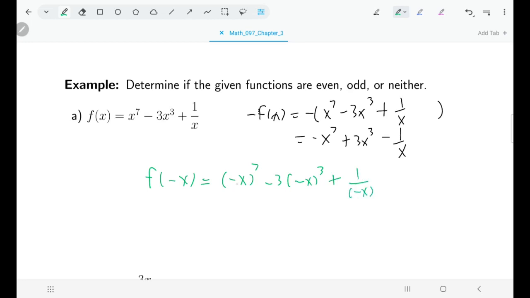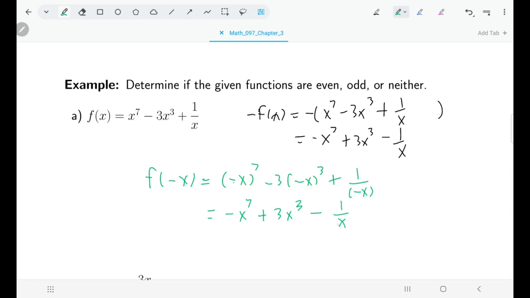If I simplify this, negative x to the power of 7 is going to be negative of x to the 7. Any negative to an odd power stays negative. This would be negative x cubed times the negative 3 gives me positive 3x cubed. And 1 over negative x is the same thing as minus 1 over x.